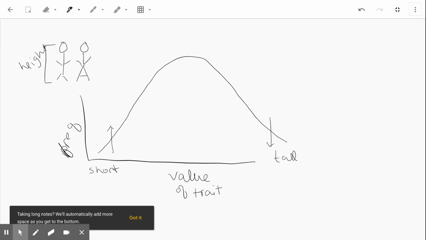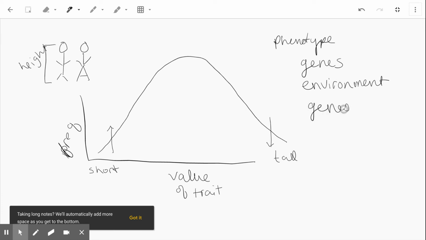Okay. And we ask whether their phenotype is due completely to their genes, to the environment, or some interaction between both.